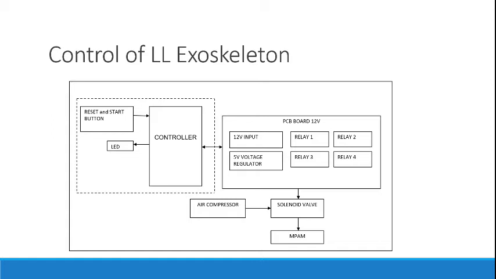As you can see, there are several inputs and outputs, which involve the relay, the air compressor, the solenoid valve, and so on. So here we already discussed the muscle that we designed using the McKibben pneumatic artificial muscle.